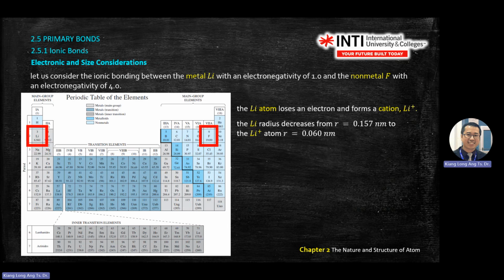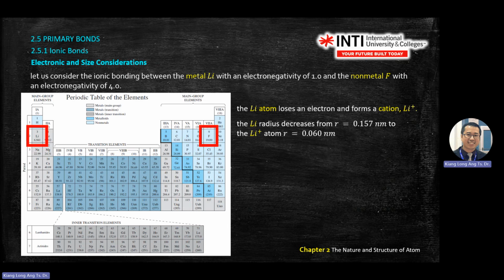So if you draw the Bohr model, this is the nucleus. So there are 2 here, 1 already given away. So there is 3 plus here, meaning they have 3 positive but only 2 negative. So there is more positive charge pulling the remaining 2 electrons.